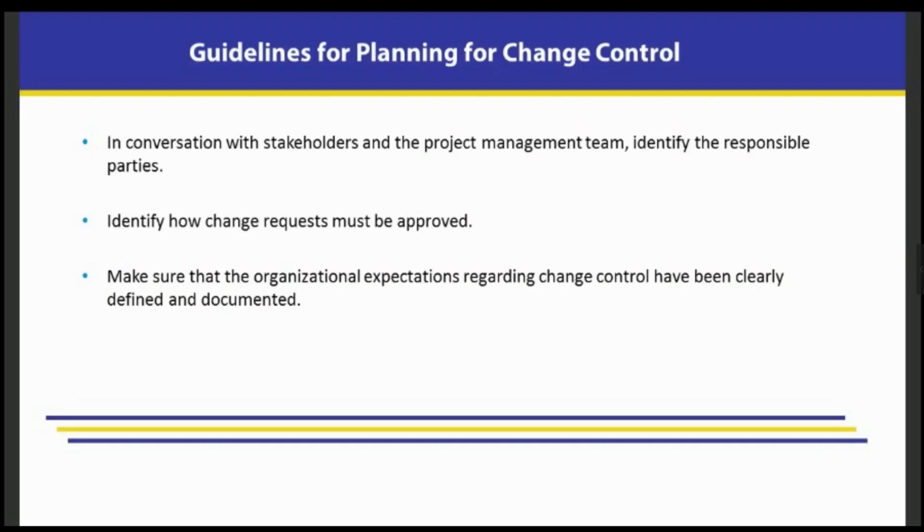The key to change control is making sure that you define that during planning and that everybody knows it going forward rather than figuring it out as you go along. Making sure that this process is embedded into your project management processes will set expectations. Sure, so everybody's on the same page and knows what has to be done and knows when they can and cannot accept the brownies. That's right.